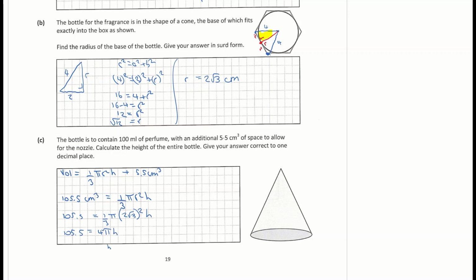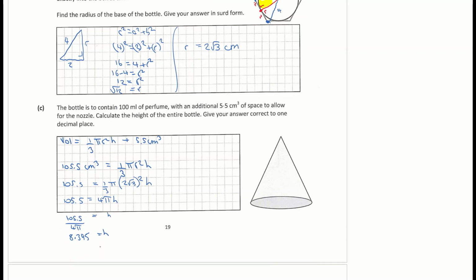And I want h on its own, so I'm dividing 105.5 by 4 pi. And when I divide that out, I'm getting 8.395 centimeters, and the question wants it to 1 decimal point, so that's giving me a height of 8.4 centimeters.